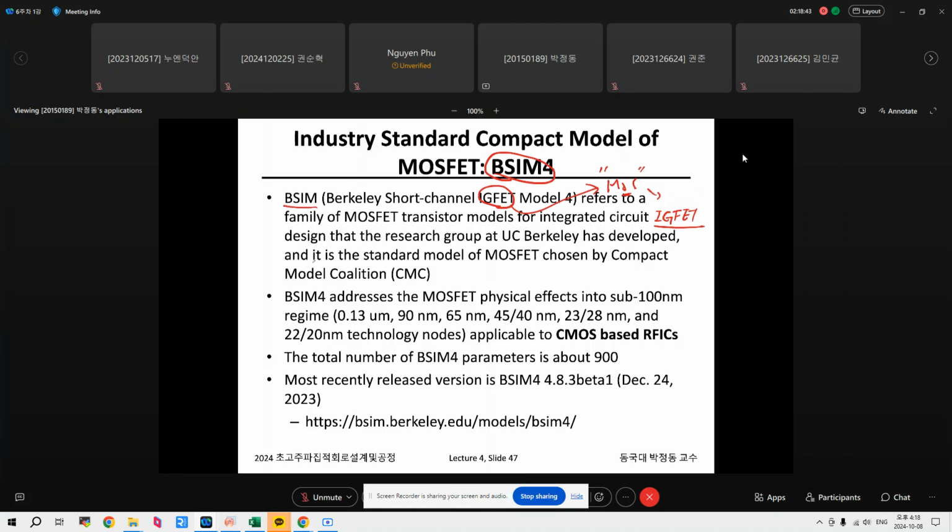The research group at Berkeley, exactly speaking Professor Chen-Ming Hu's group, developed this. It has been widely used all over the world. TSMC used this, Samsung used this, Intel used this.